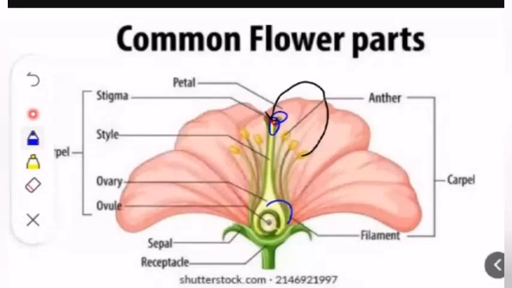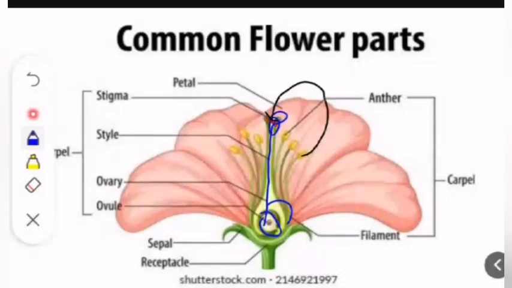Inside the ovary, you now have an egg, called the ovule. The process by which the pollen grains go down to meet this egg and fertilize it is called fertilization.